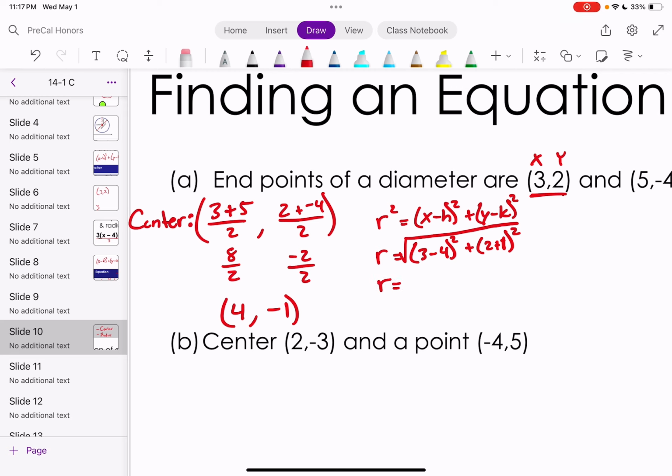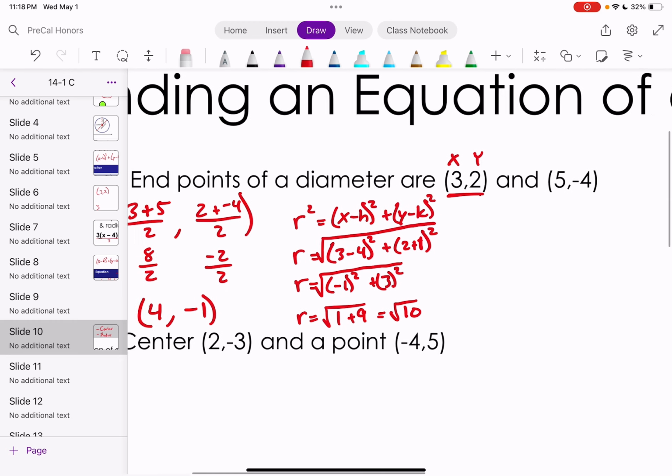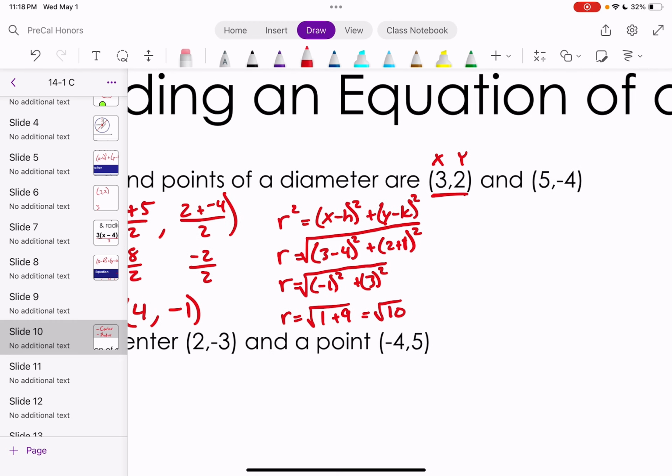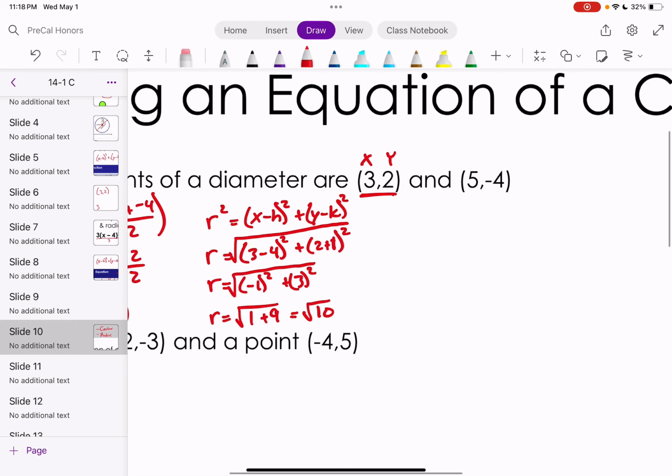So r would be equal to the square root of negative 1 squared plus 3 squared, which is 1 plus 9, giving us the square root of 10 as our radius. Keep in mind, the original equation was always asking for r squared, which brings us a little bit closer to our equation.